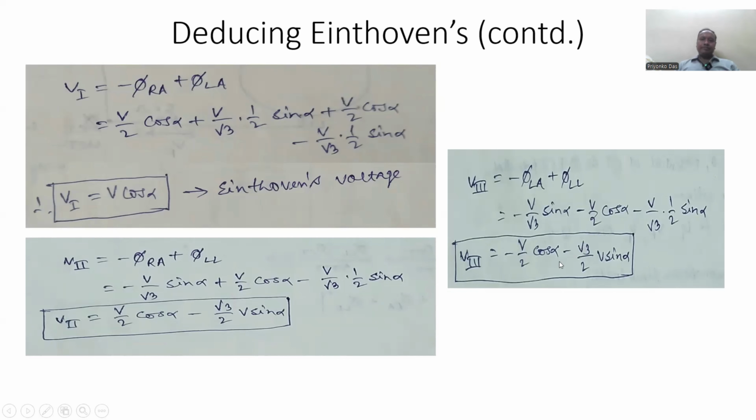Now summing the voltages V1 plus V3: V1 is V cos alpha, and V3 is minus V by 2 cos alpha minus root 3 by 2 V sin alpha.